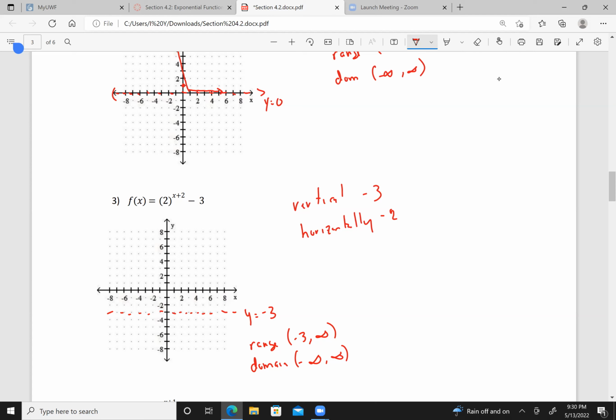So let's just find out what happens when x is 0. We have 2 to the 0 plus 2, minus 3, which is 2 squared minus 3, which is 4 minus 3, which is 1. Okay, move left 2, down 3, and then I have enough here to drop.